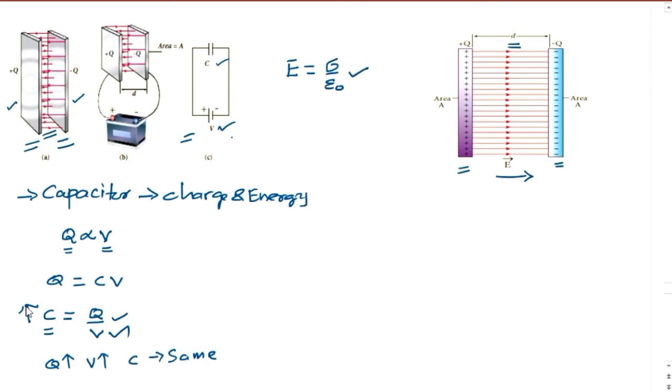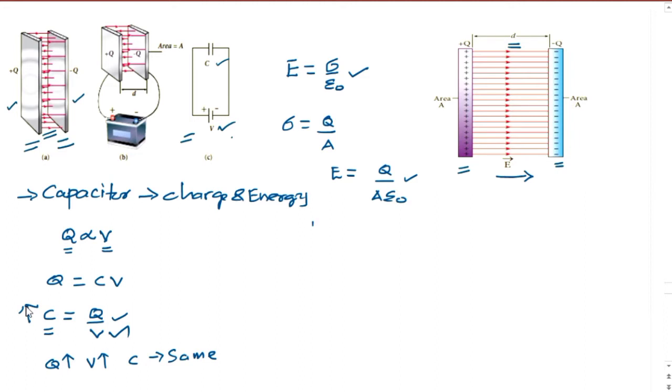We know that sigma is surface charge density, so sigma is equal to charge divided by A. Therefore, the electric field between the two plates, in the case of parallel plates, we can write as Q divided by A epsilon naught. Very simple derivation. A 3 mark question you can expect this.